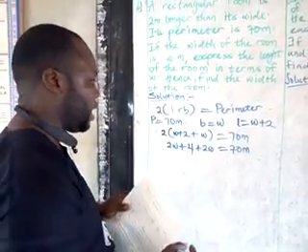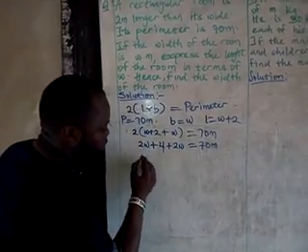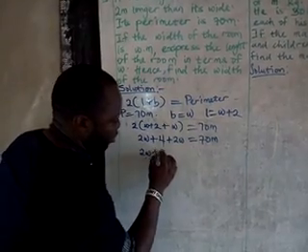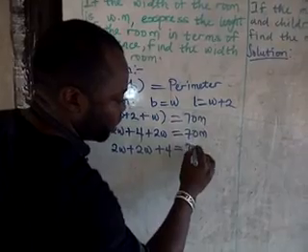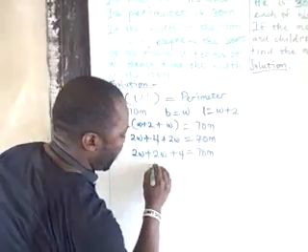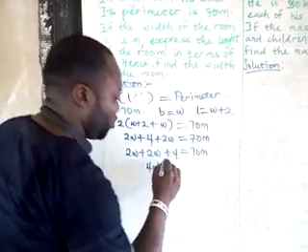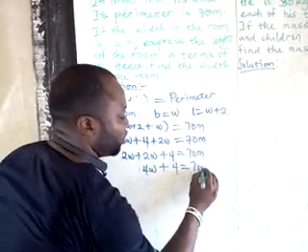Let's collect our like terms. So we now have 2W plus 2W plus 4 equals 70 meters. 2W plus 2W gives us what? 4W plus 4 equals 70 meters.